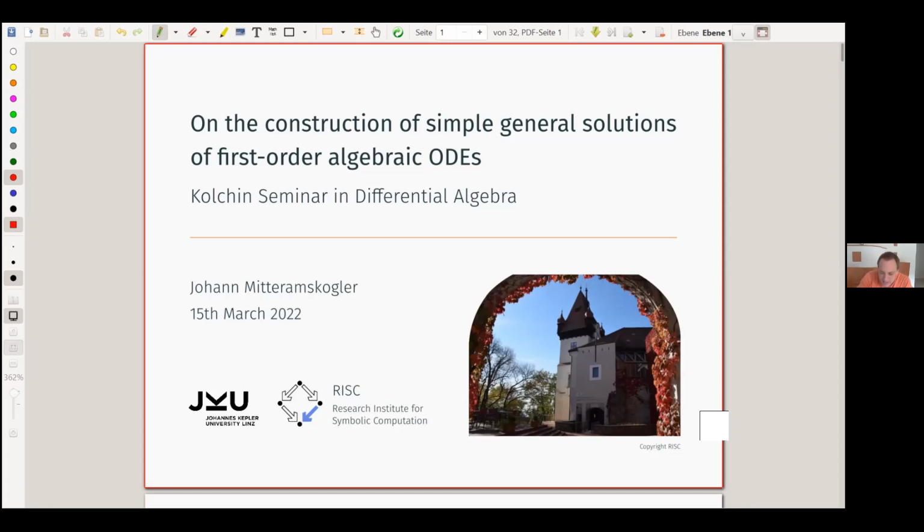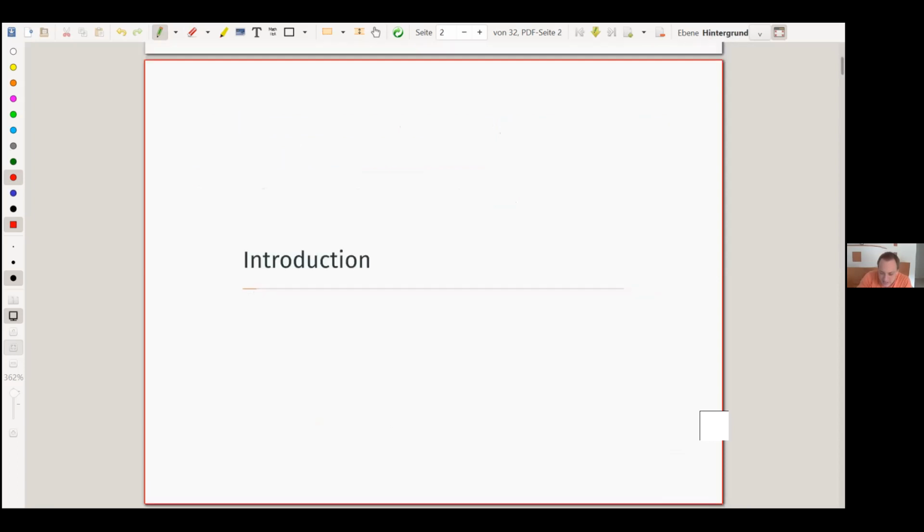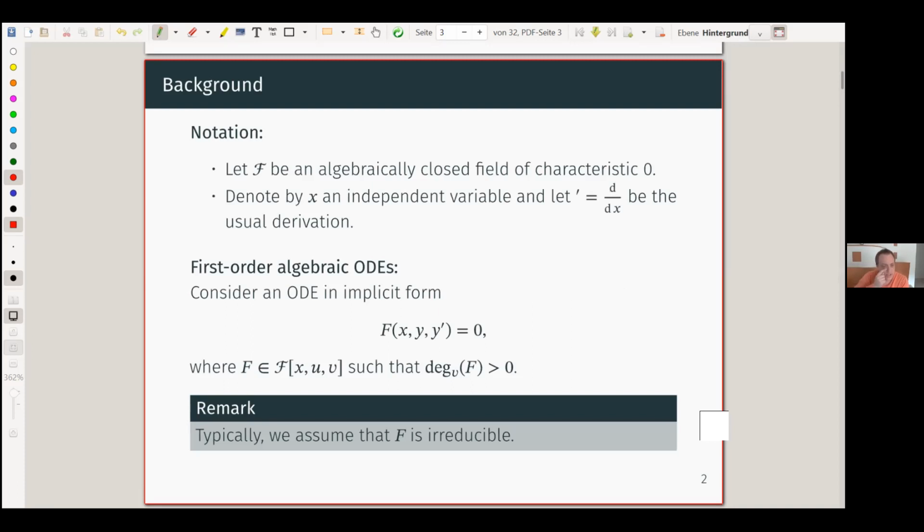Let's get on. So I want to talk today about a very simple kind of general solution of an algebraic ODE that you might want to construct, and simple in a somewhat overloaded sense. But we'll come to this in a minute.